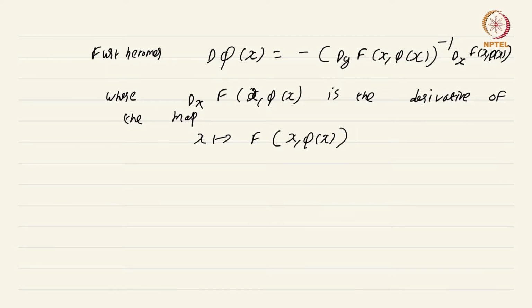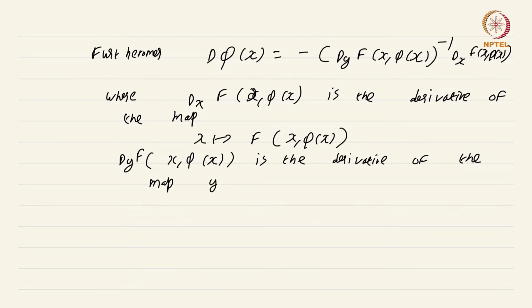Okay, and dy of x comma phi of x is the derivative dyf. Okay, it is the derivative of the map y goes to dxy taken.